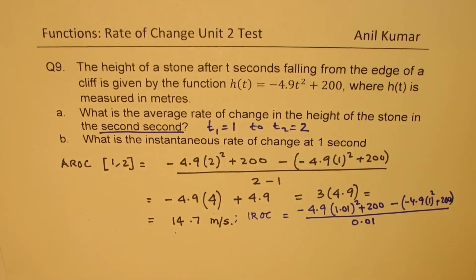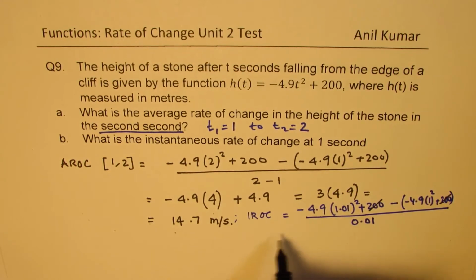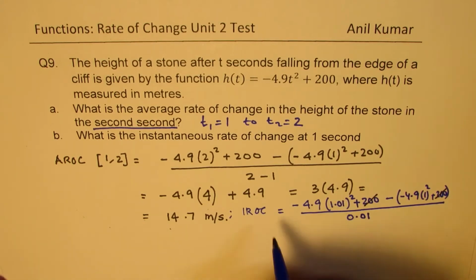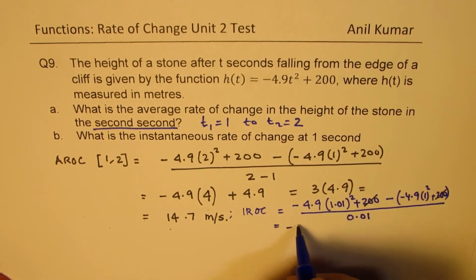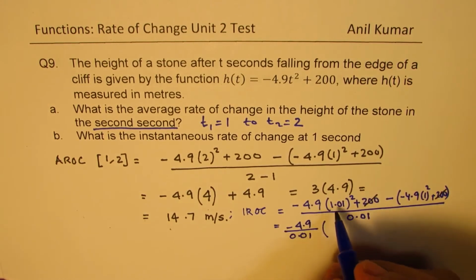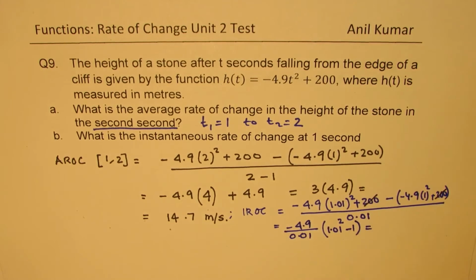We know here 200 and 200 will cancel, and we could take this as, let me push the page a bit. We could write this as minus 4.9 over 0.01, and we have within brackets 1.01 squared minus 1. Is it clear to you? Right.